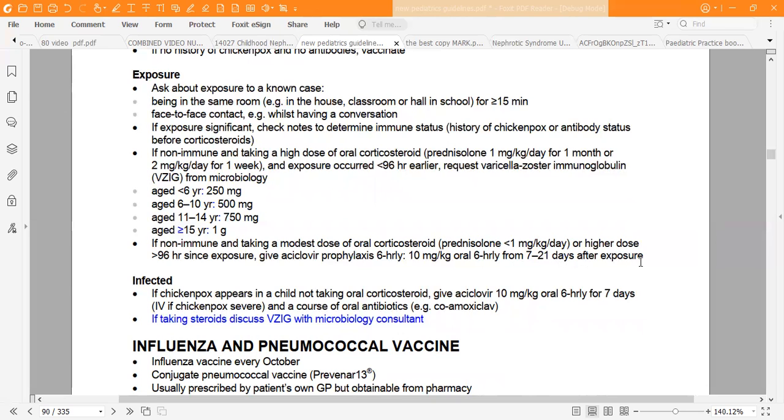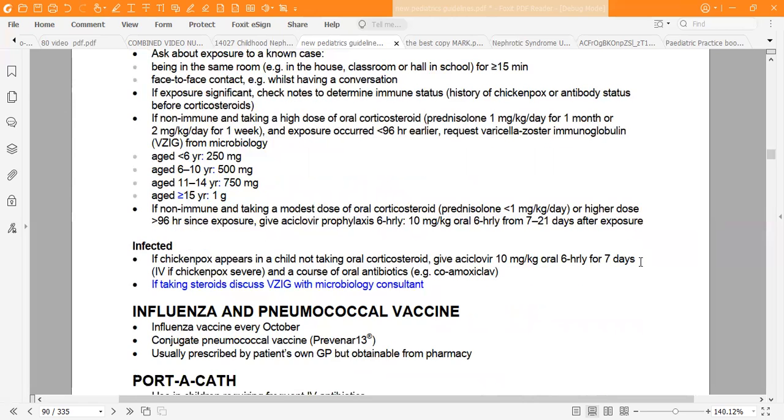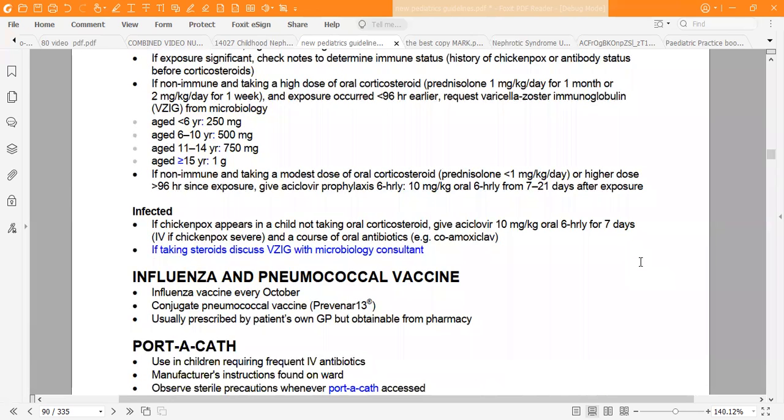Okay, infected. What does it mean? He already caught the chickenpox and is symptomatic, with a rash, fever and all the symptoms of chickenpox. If chickenpox appears in a child not taking oral corticosteroids, give acyclovir 10 milligram per kg orally every 6 hours for 7 days.